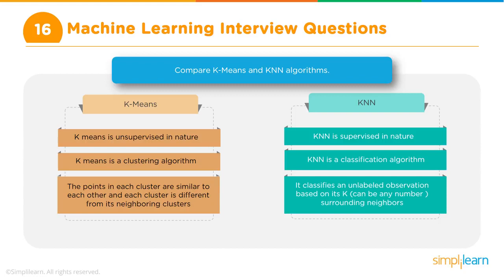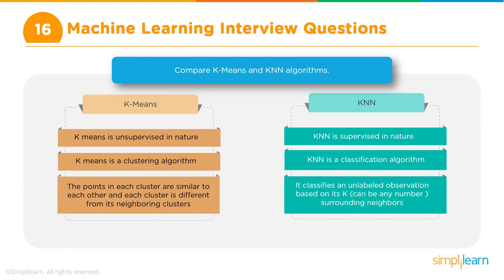Now, the value of K is sometimes tricky. Should you use 3, should you use 5, should you use 7? That can be tricky because the ultimate classification can also vary. If you take K as 3, the object is probably in one particular class. But if you take K equal to 5, maybe the object will belong to a different class.